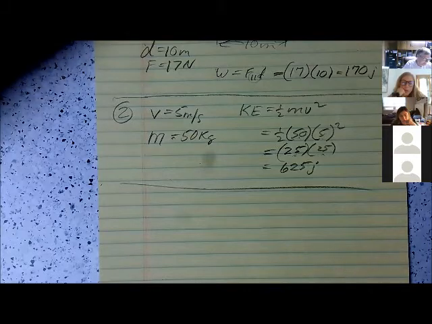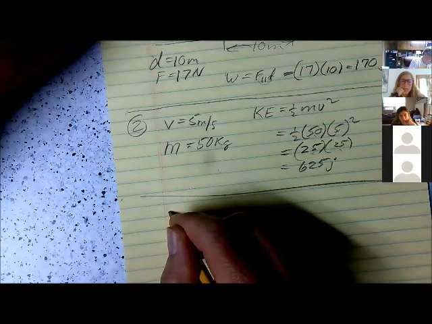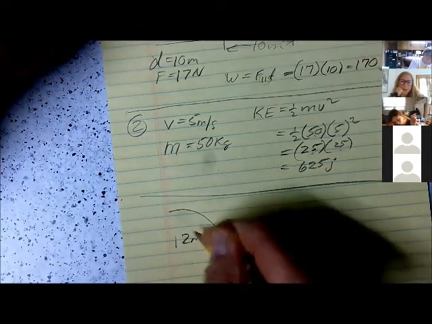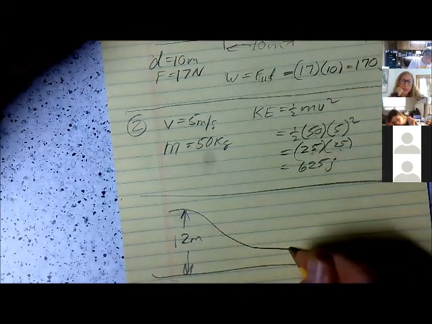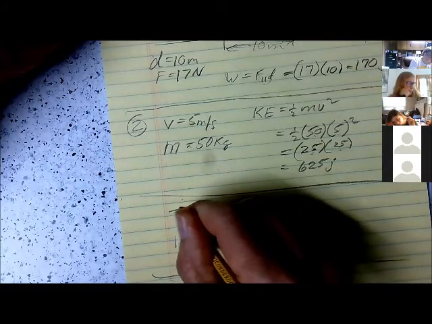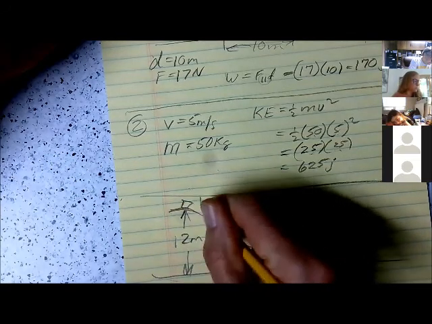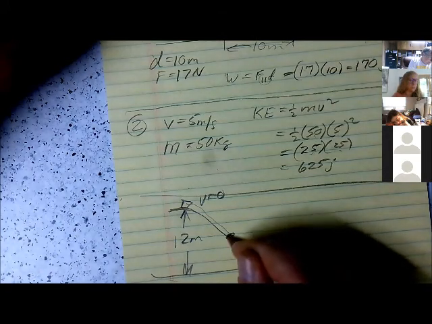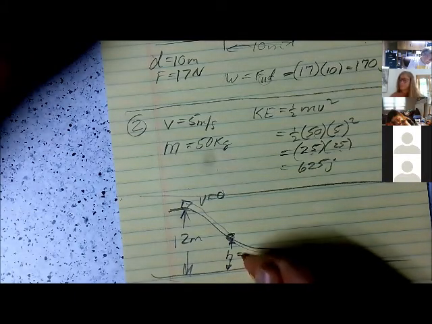Okay, number 3. A block slides down a frictionless hill from a height of 12 meters. Determine the height of the block when its speed is 10 meters per second. Okay, so the box is up here. Initial speed is 0. It winds up sliding down. And at some point, we don't know the height. We want to find out what the height is.